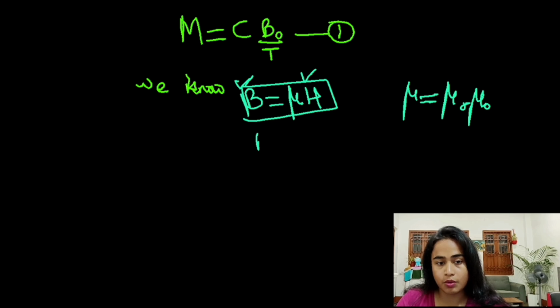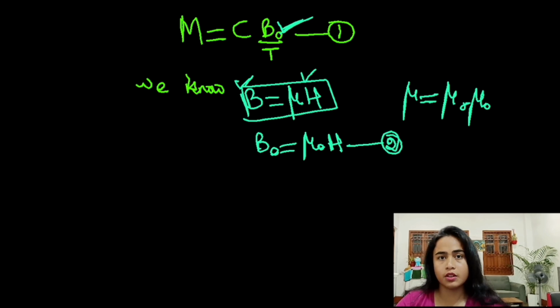So if I write B naught, because I've mentioned over here the external field to be B naught, it will be mu naught H. Okay, this is equation number 2. I'll be discussing this in detail in the next video when I derive this. For now, I would like to help you understand what this H is.